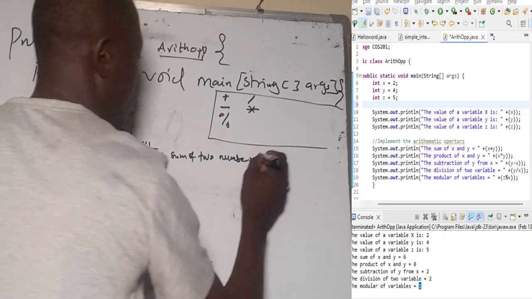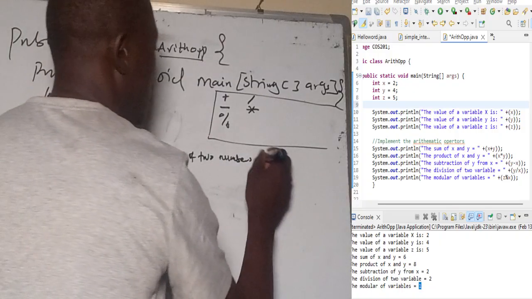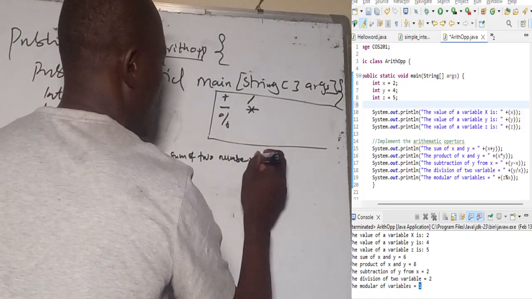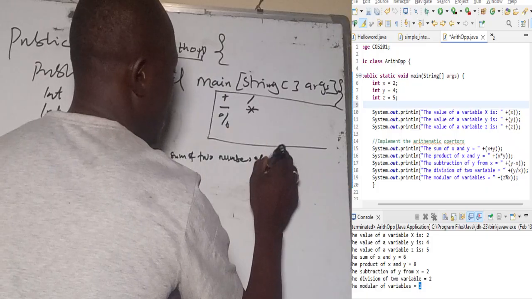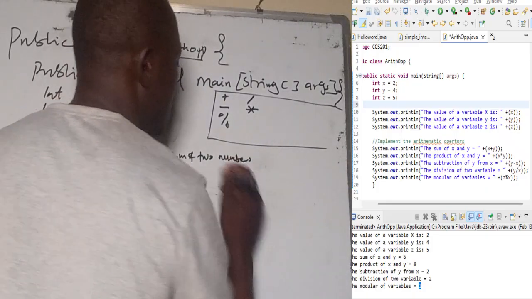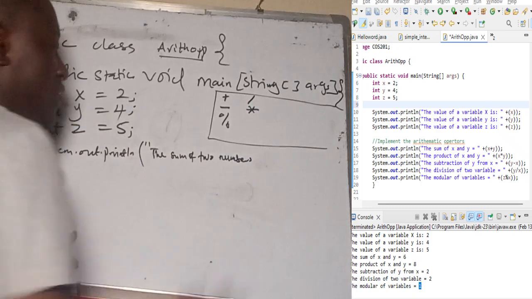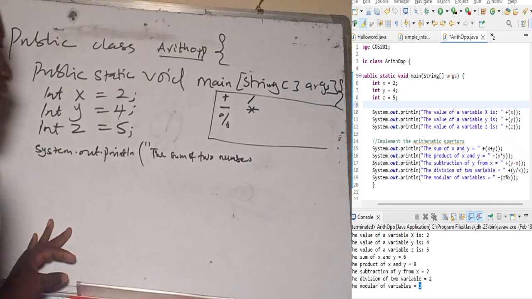Right, the sum of two numbers, let's just say two numbers, please. I just wanted a form of clarity, but the size of the board will not contain what I want to write.